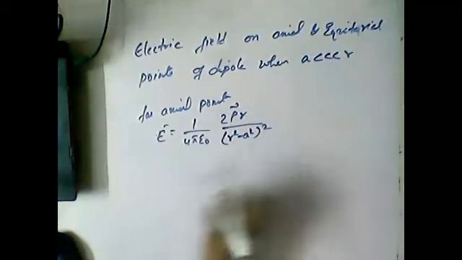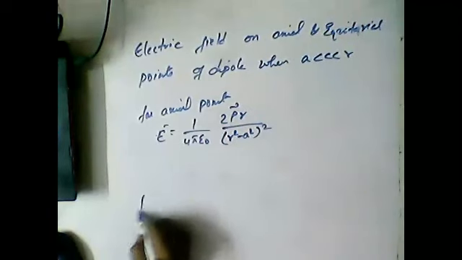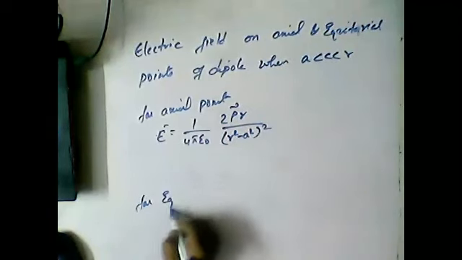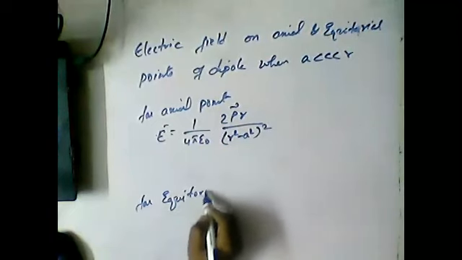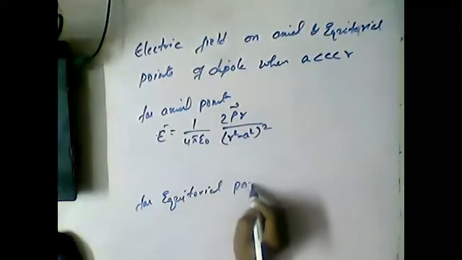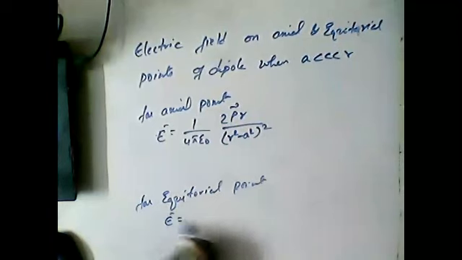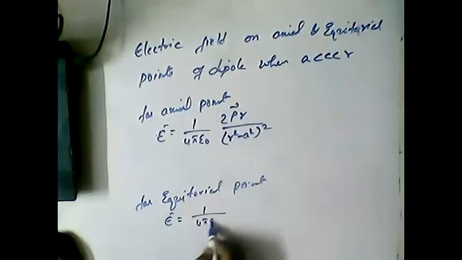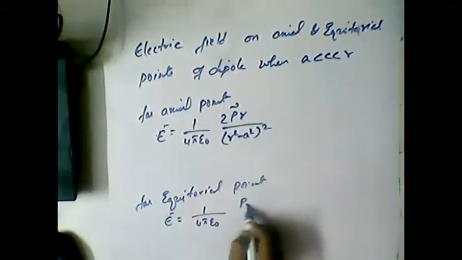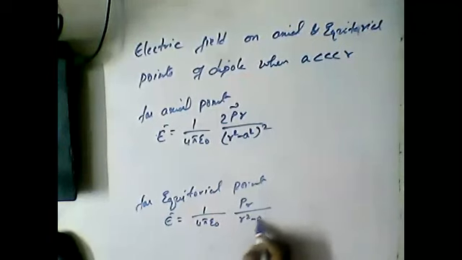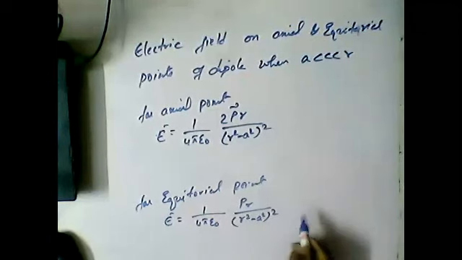And coming to the next, for the equatorial point, E bar is equal to 1 by 4 pi epsilon, p by r square plus a square whole power 3 by 2.